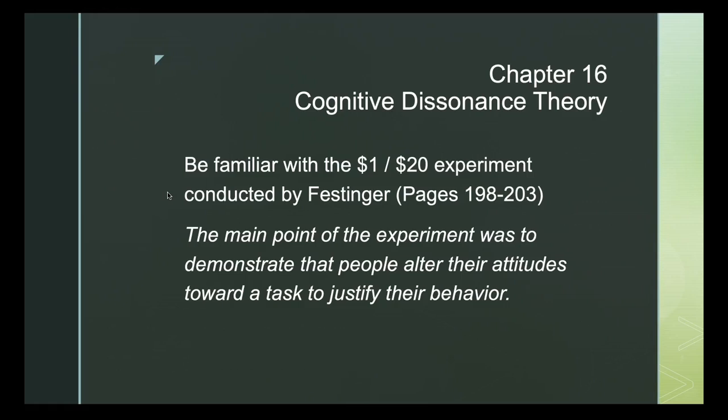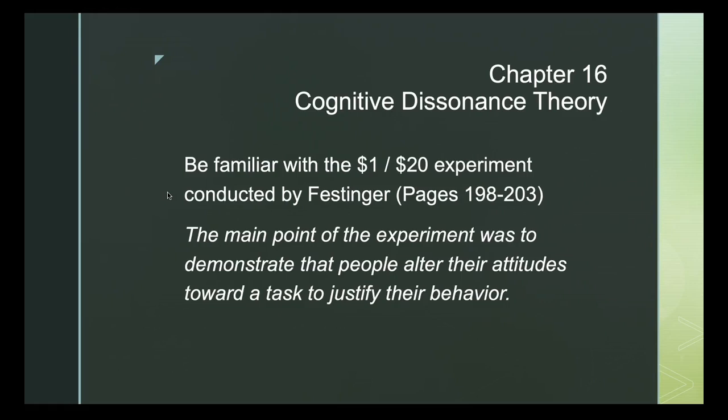Okay, so that one's a little bit confusing, so I encourage you to look over that experiment because it helps not only describe this minimal justification with giving someone just $1, but it also talks about this counter-attitudinal advocacy where they're urging someone to do something and telling them that it's fun when it really wasn't a fun thing. But this incentive that they got to do that caused the people with $1 to change their attitude completely. The ones with $20, it didn't really make much difference because they justified it by getting money to do that.